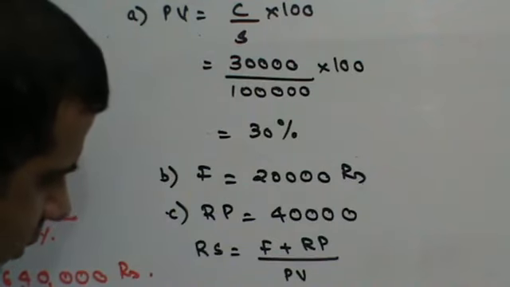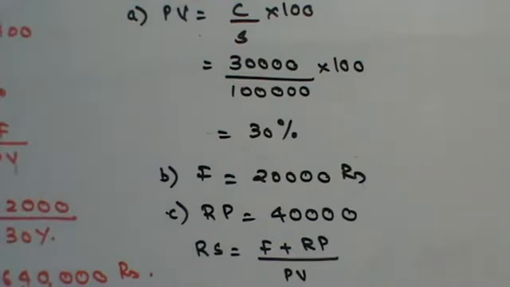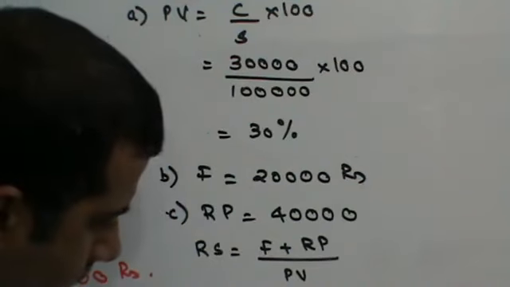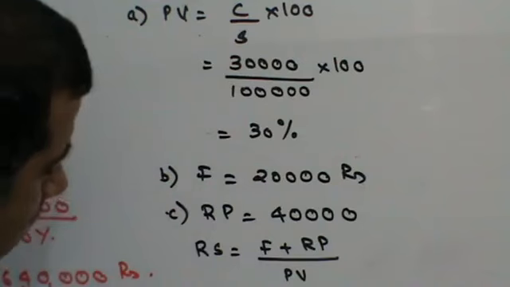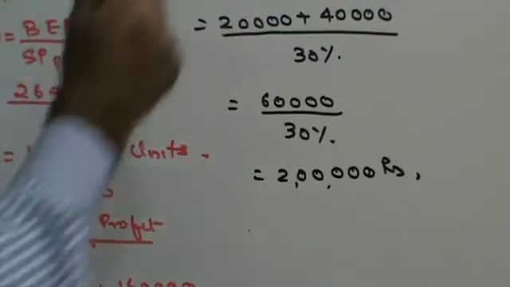This is 60,000 divided by 30%. 1,80,000. 2 lakhs. So required sales will be 2 lakh rupees. Fine. Next, let's move on to the next sum.